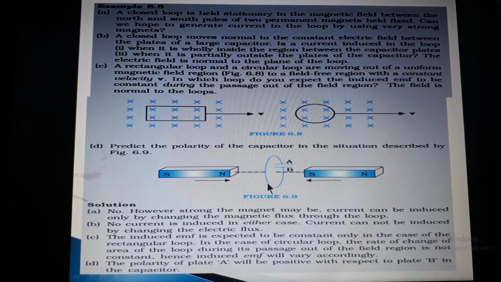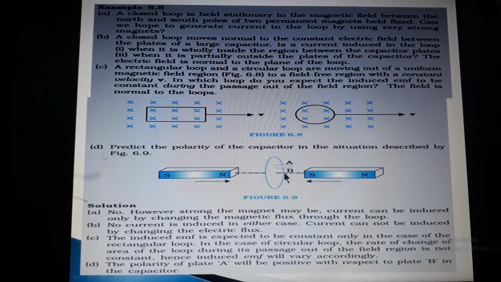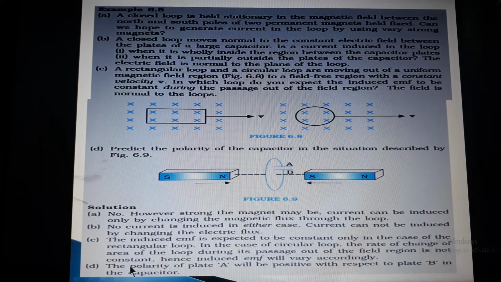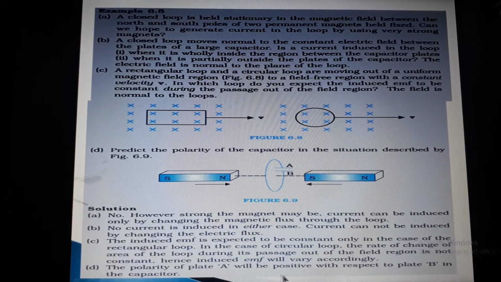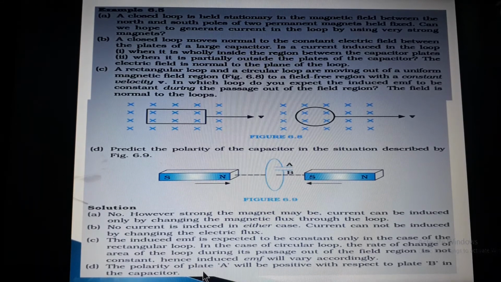Counter clockwise, so this end is A and this end is B, which means this one is positive and this one is negative. So the polarity is A positive and B negative. The polarity of plate A will be positive with respect to plate B in the capacitor.